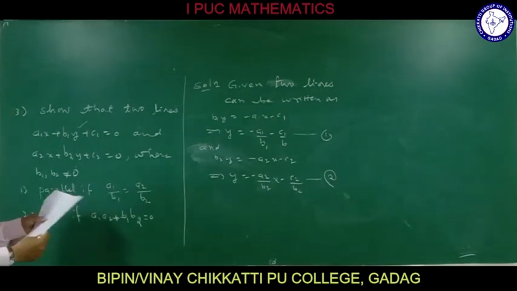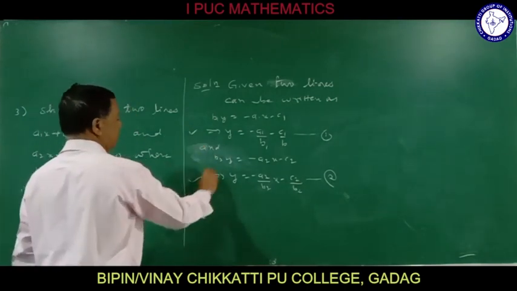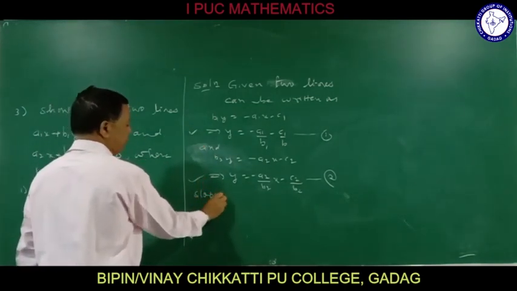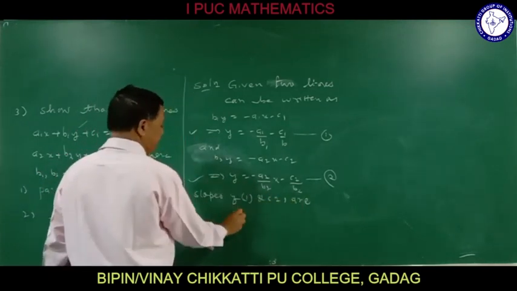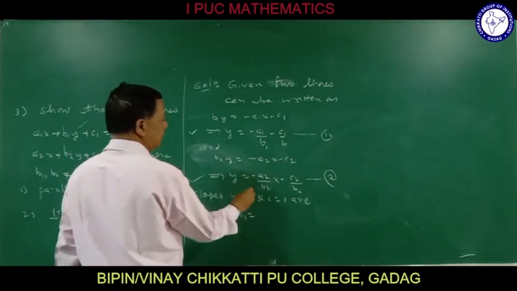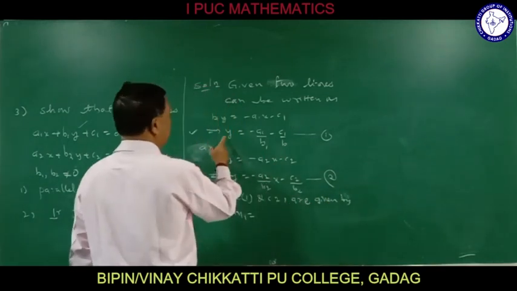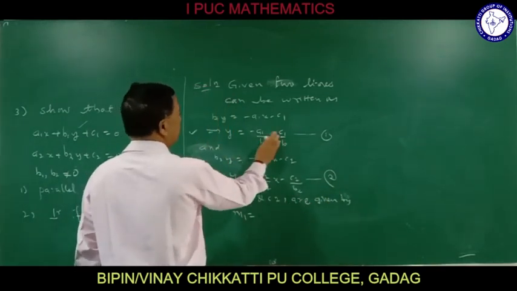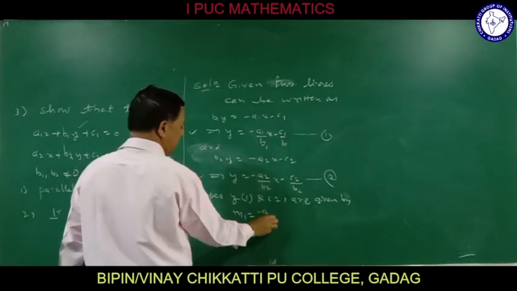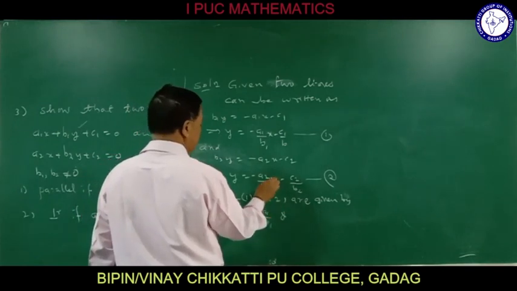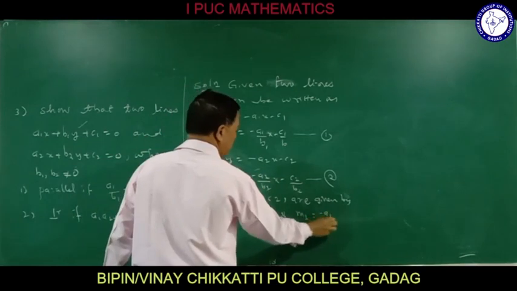And here you can see the slopes of 1 and 2. The slope of 1 is m1, given by y equal to mx, so m1 is minus a1 by b1, and m2 is equal to minus a2 by b2.